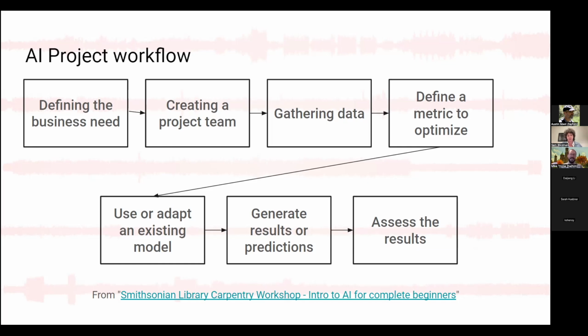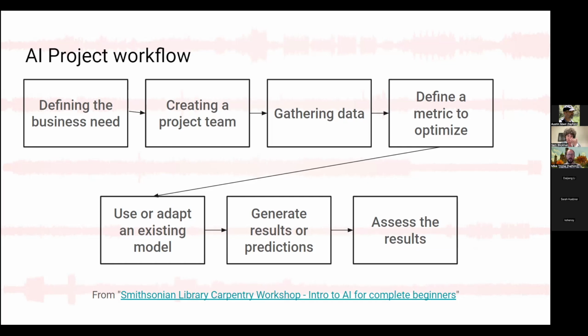You will create your project team, gather data, and figure out what you're trying to optimize using a metric. Then you will either use or adapt an existing model, generate some results or predictions, and then assess the results. I don't even have on here actually deploying this for people to use, because honestly, we haven't gotten to that point yet.